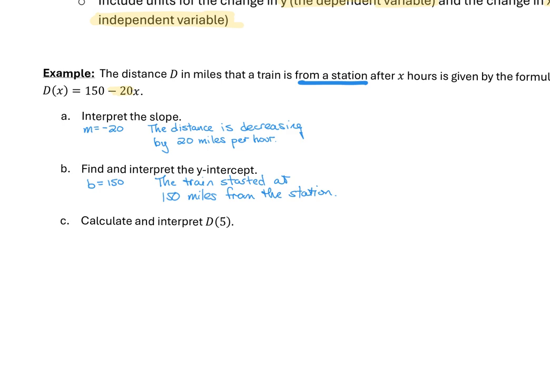Now we can interpret the y-intercept, but we can also interpret other numbers. For instance, for C, we want to calculate and interpret d of 5. The first thing we want to do is plug in 5 into our equation. We get 150 minus 20 times 5. We simplify this. We get 150 minus 100, and this is equal to 50.